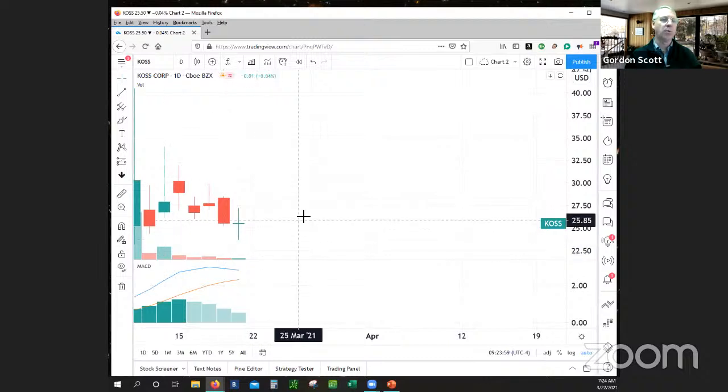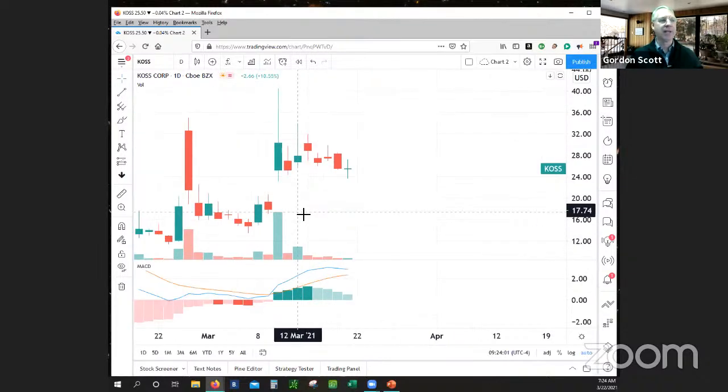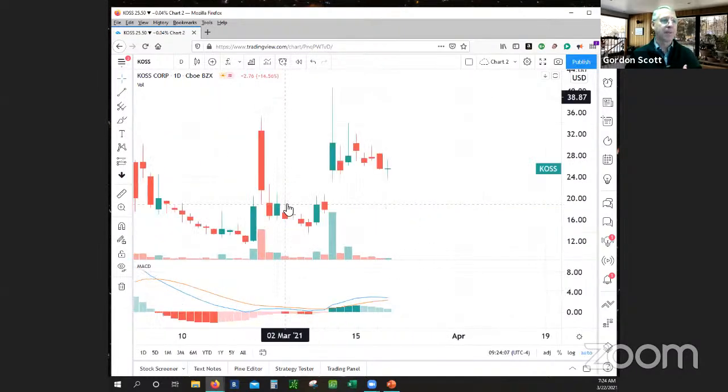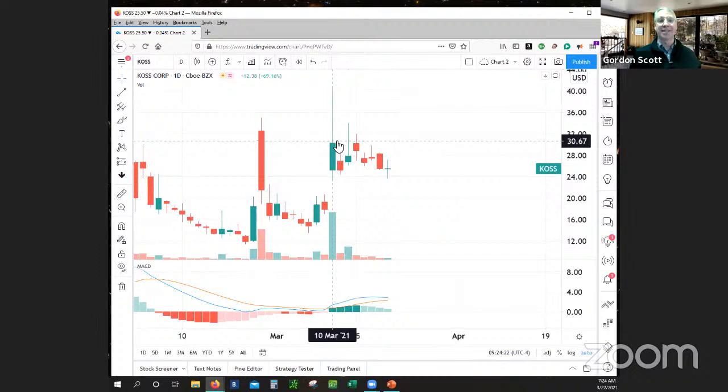GameStop has that low and declining volume right now too, and that makes me worried for the bulls. I actually got in GameStop myself, on the day where it started coming back up, all these meme stocks. I didn't buy particularly smart or anything, but I got in at 160 a share.